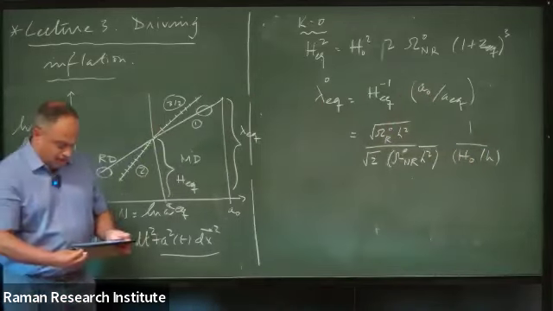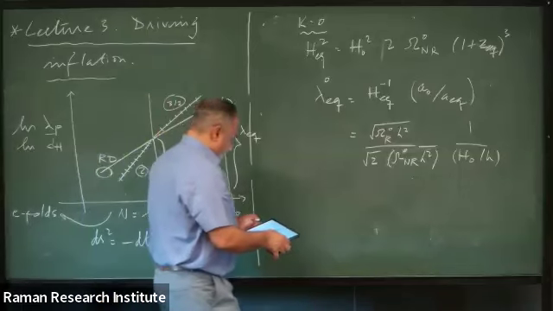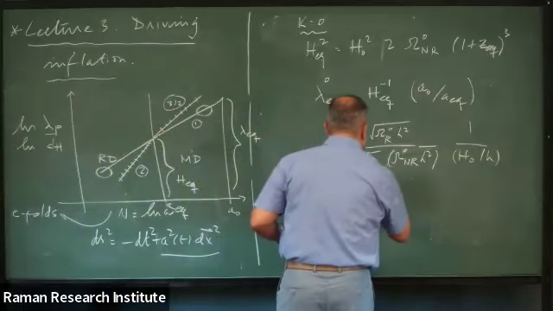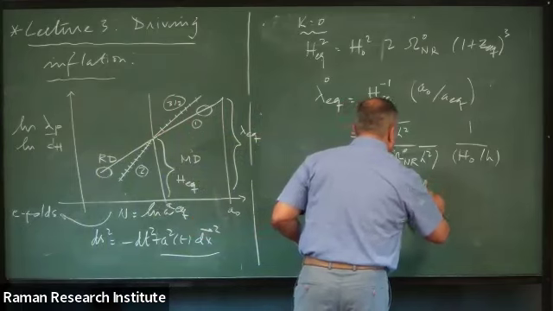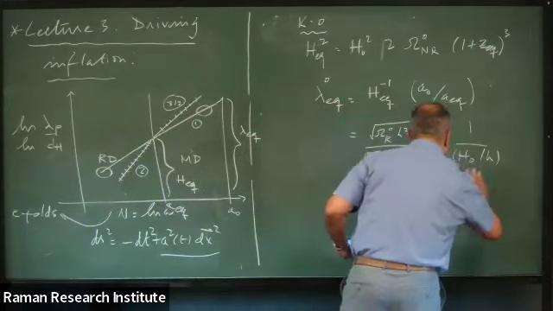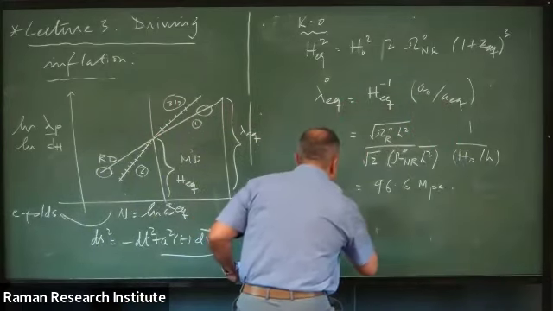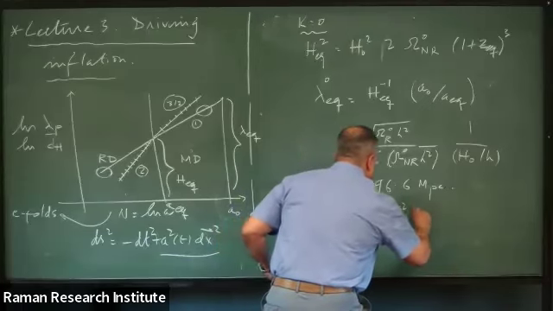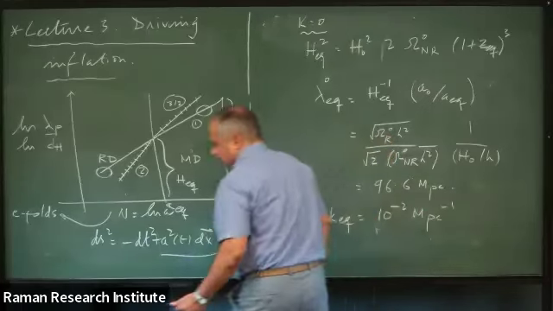And therefore, what you obtain, this number happens to be 96.6 megaparsec, or often you will hear that k equality is 10 power minus 2 megaparsec inverse.